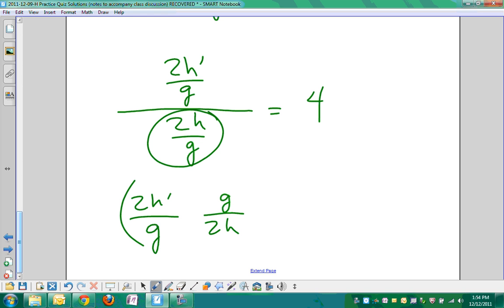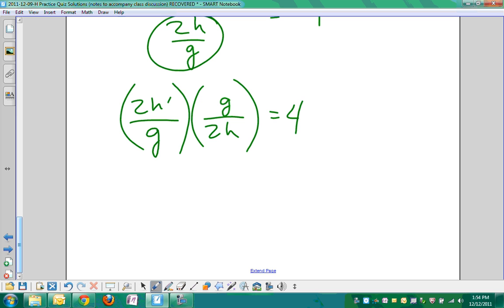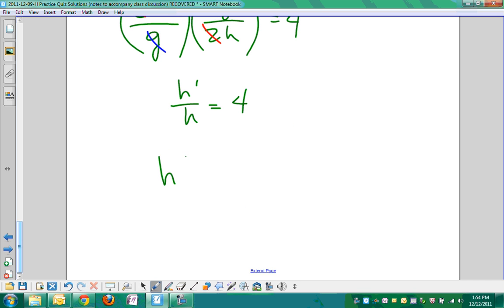Multiplying those two together, that's equal to 4. And then, easy to clean up, we get rid of the 2, we get rid of the g, and we end up with h prime over h is equal to 4. Another way of saying that, h prime is equal to 4h. That means we have to throw it off of a building that's 4 times the height in order for it to go twice as far, given that we throw both of them horizontally with the same speed.